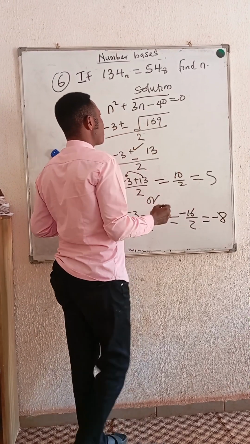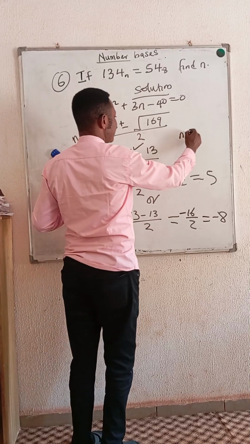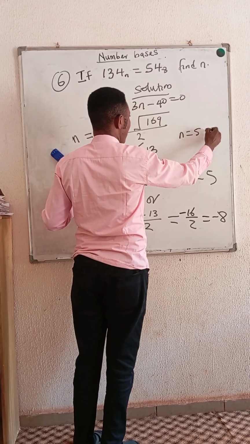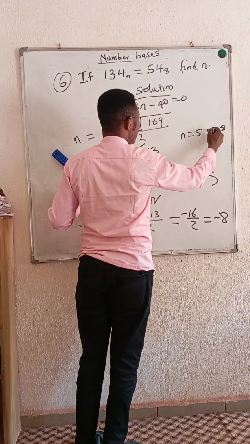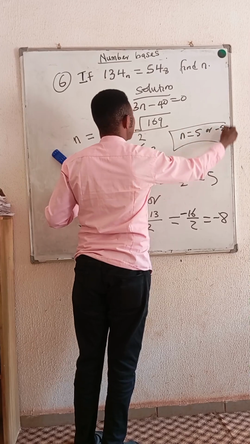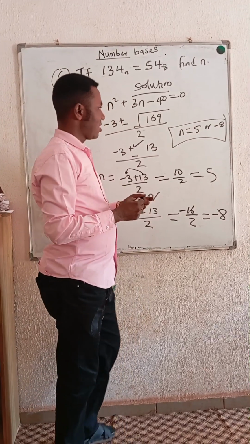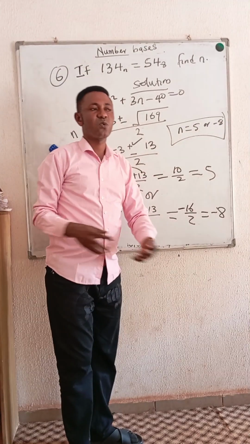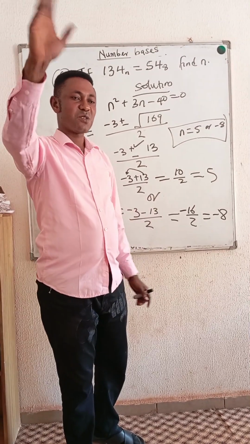So we have two answers: n is equal to 5 or minus 8. So the positive answer is n equal to 5. God bless you. Bye.